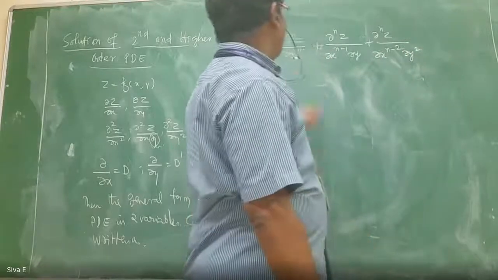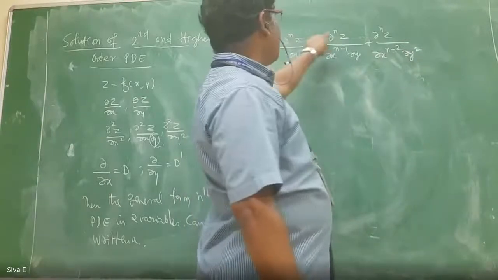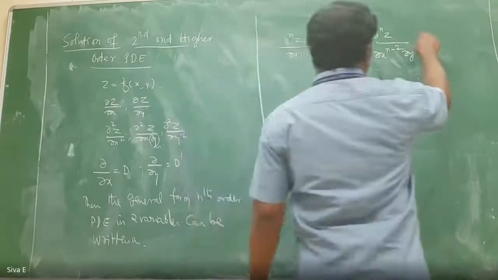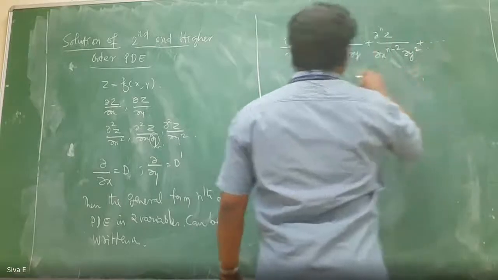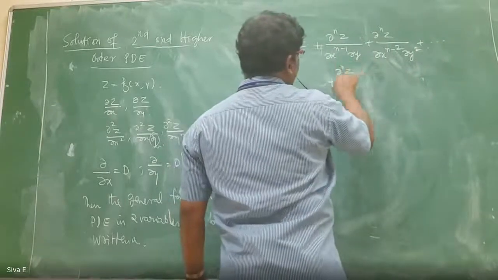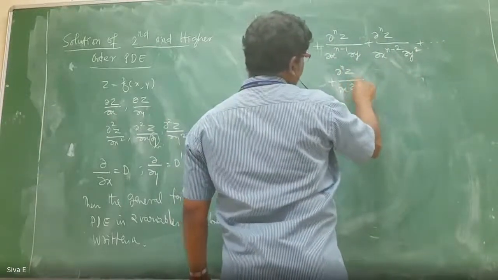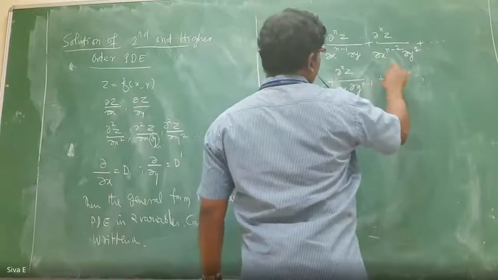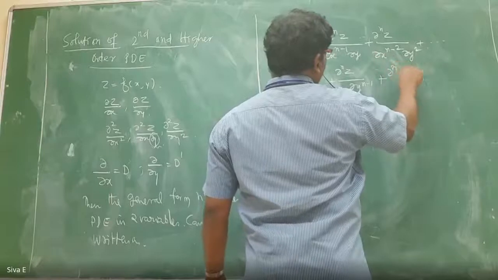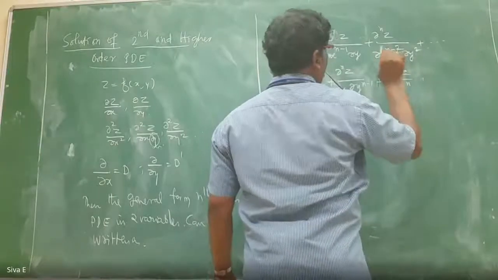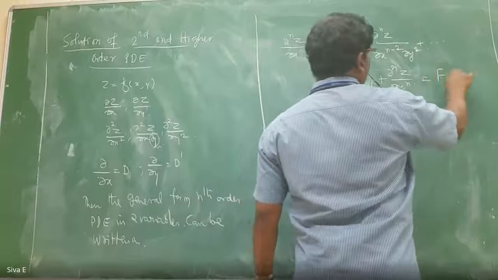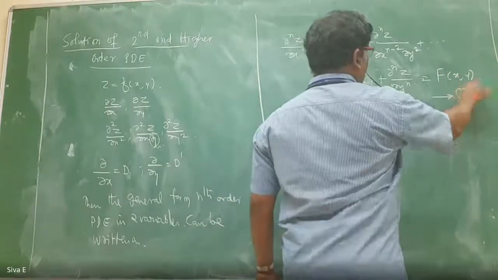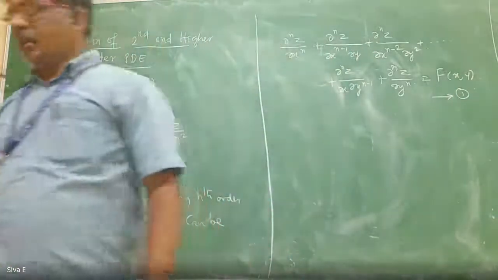Always you have to keep that power is n. Etc. Dou power n z by dou x dou y whole power n minus 1, plus dou power n z by dou y power n equal to some function of x comma y. This is equation number 1.